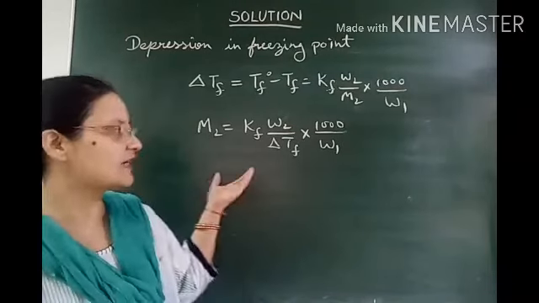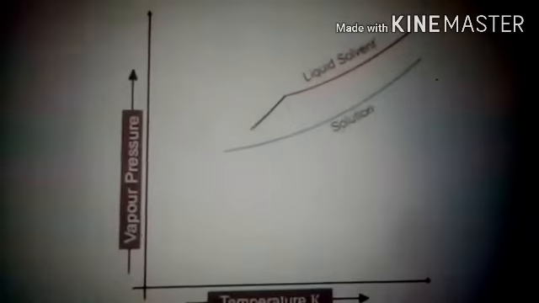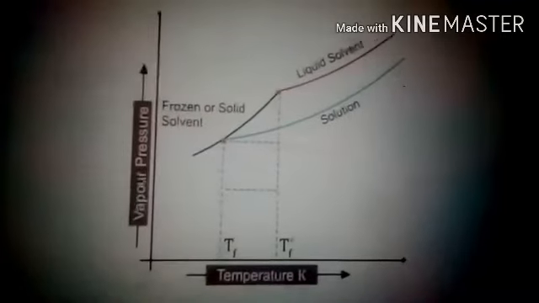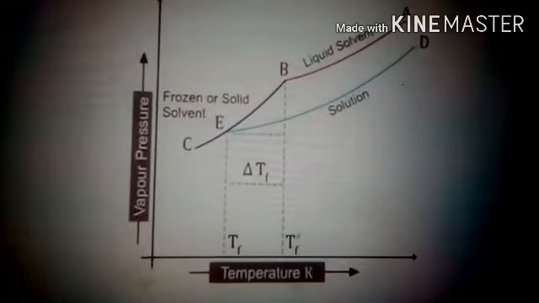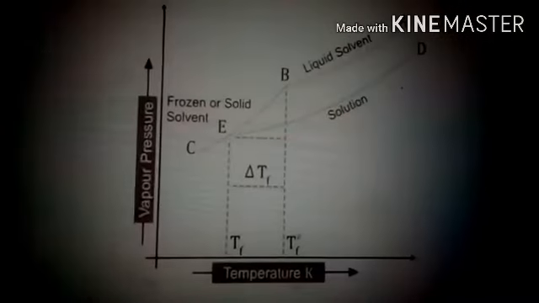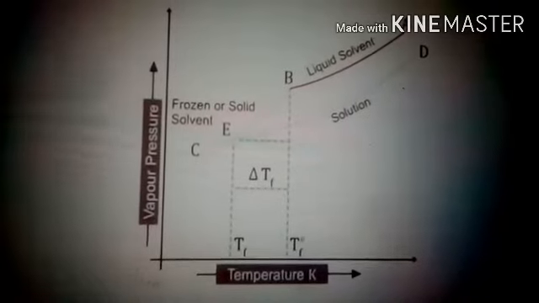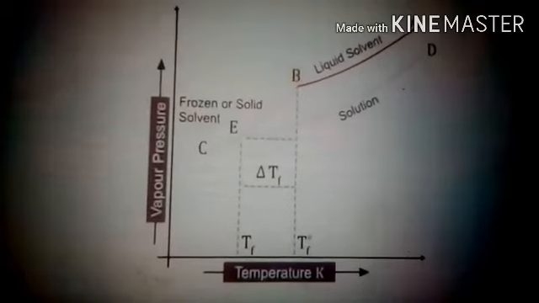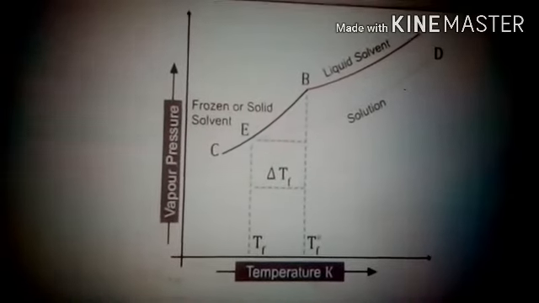We can also understand the same concept using the graph. When we plot a graph between vapor pressure and temperature, we find that two lines are obtained, one for the pure solvent and another for the solution. The line A to B, which goes to C, is for the liquid solvent, and D to E and E to C is for the solution.